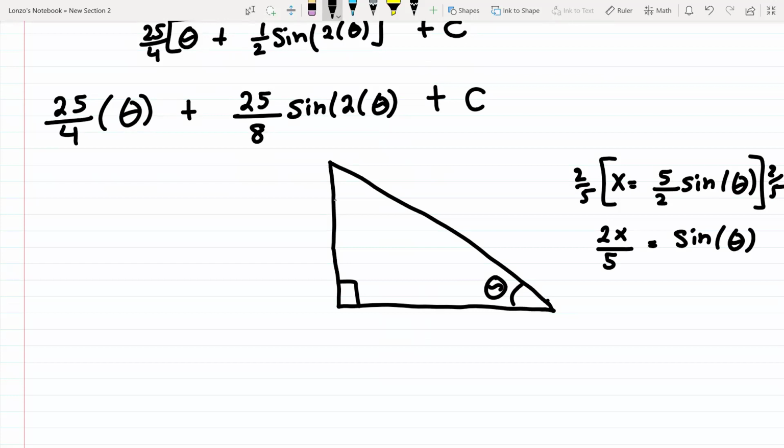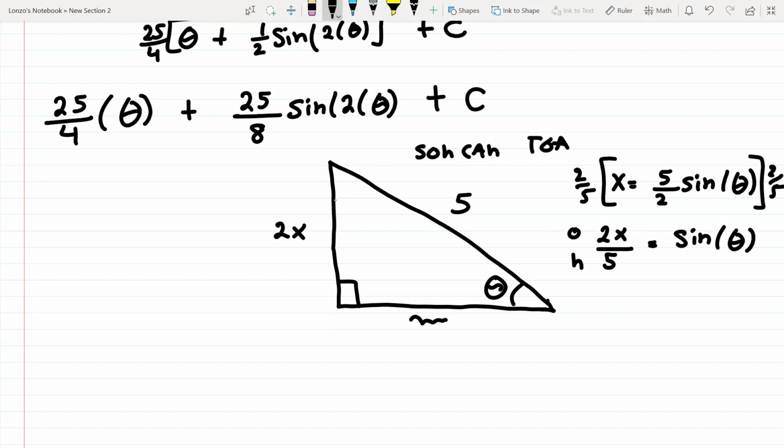Okay, so if we do the SOHCAHTOA thing, sine is opposite over hypotenuse, so this 2x is the opposite, and the hypotenuse is 5. Do we even need to find this missing leg?